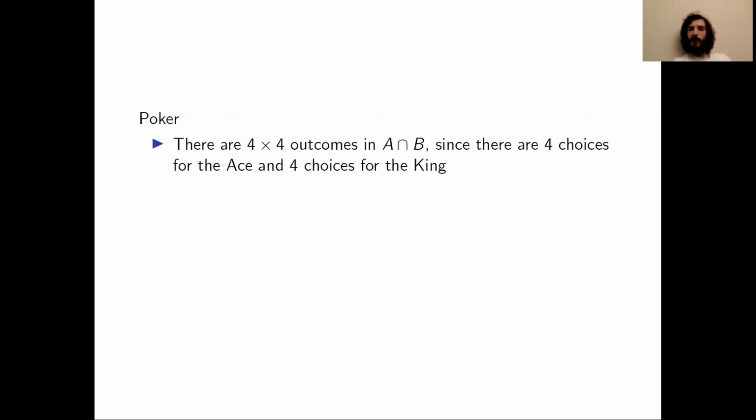There's 4 choices for the king, and there's 4 choices for the ace. 4 times 4 gives us 16 total outcomes in A intersect B. That means that the probability of A intersect B is 4 times 4 divided by 52 choose 2. This leaves us with 8 over 663.